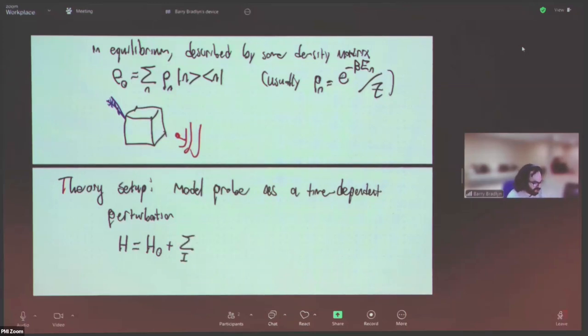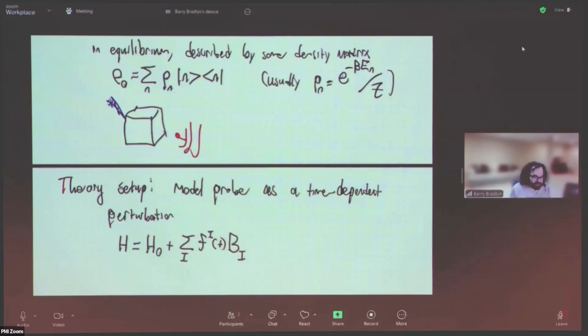I'll index them by I, capital I, with amplitudes f sub I of t, and the probes coupled to some operators b sub I in the system. So for instance, if the probe were light or electric field, these f sub I's would be the different components of the electric field, and b sub I would be the operator that the electric field couples to.